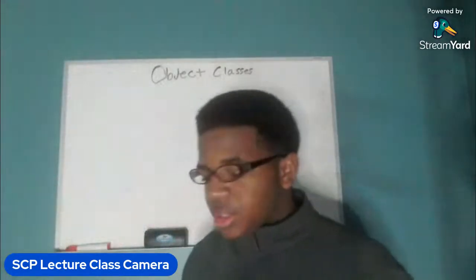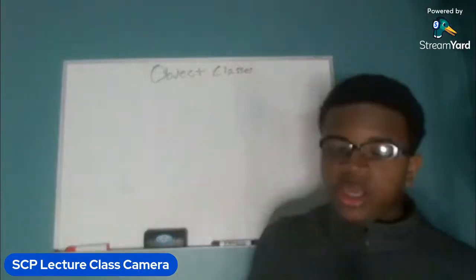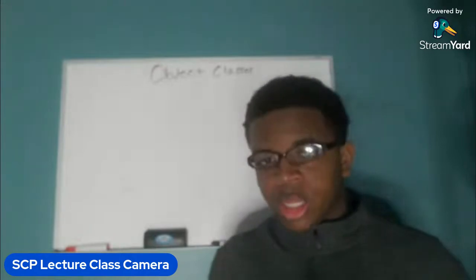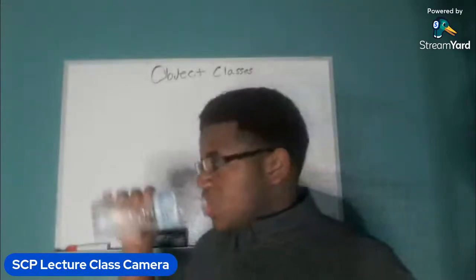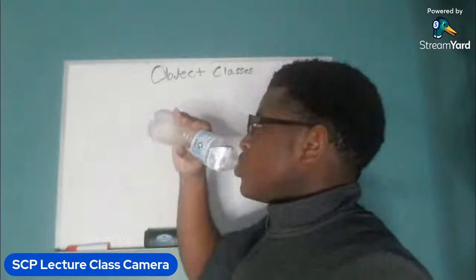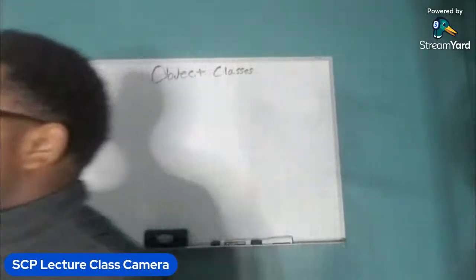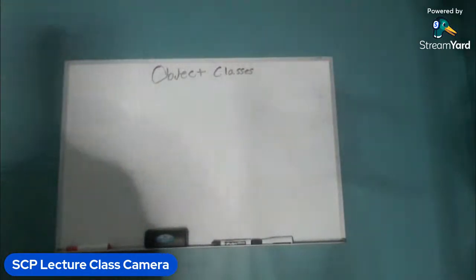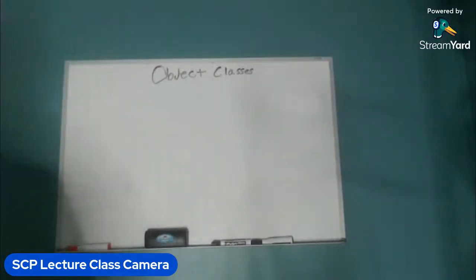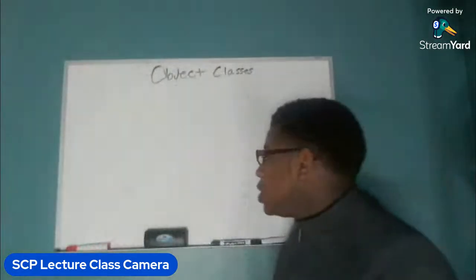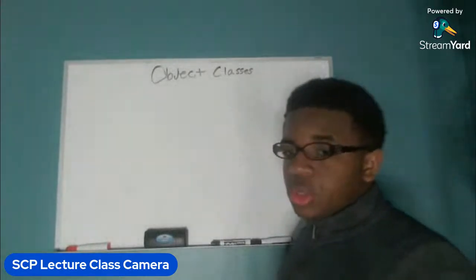It's almost like how you would say lower class, middle class, higher class. That is the level that they will be given. So, object classes. I'm going to start with safe class.